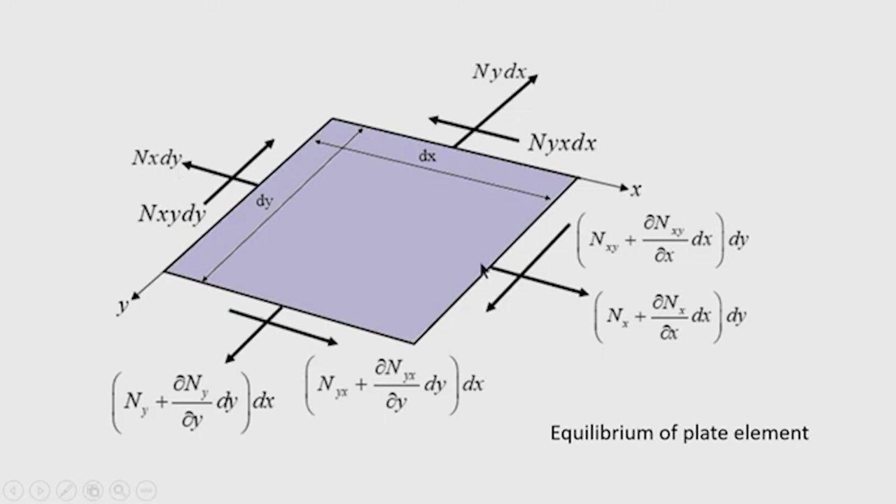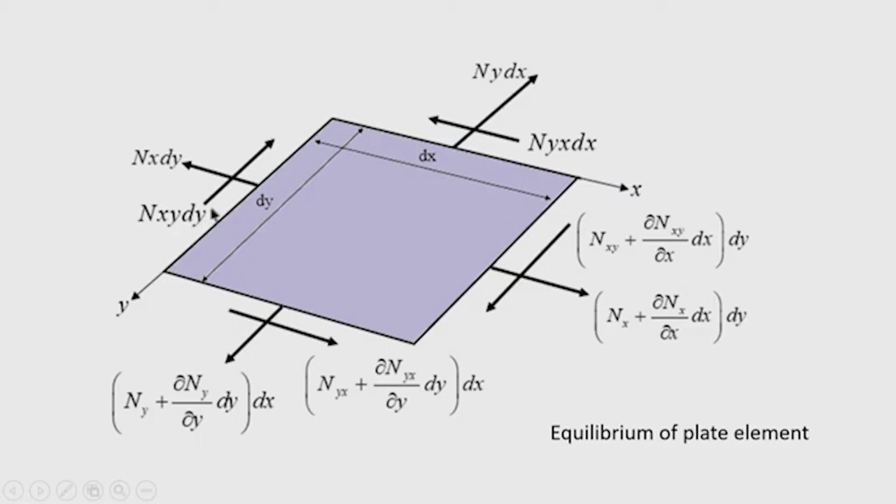Okay. On the opposite face, this force is Nx plus the increment, and that increment will be del Nx by del x into dx, and the length of the side is also dy. So, it is multiplied by dy. Okay.